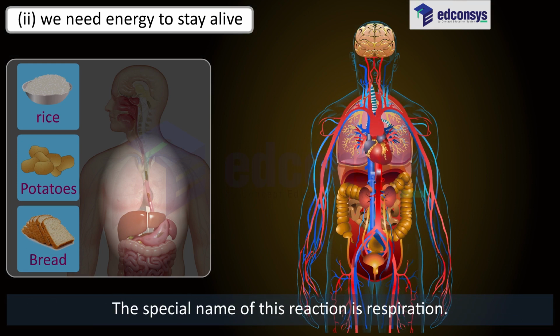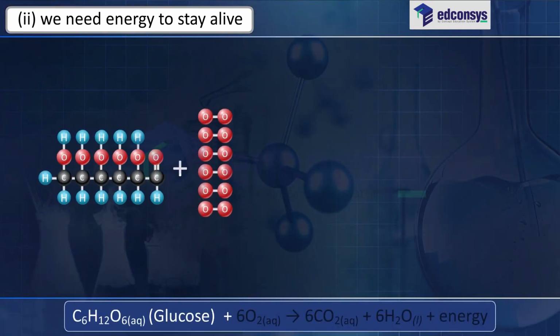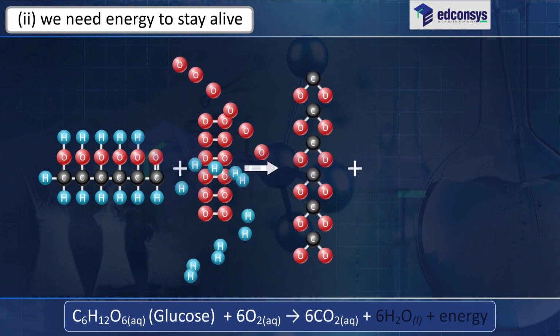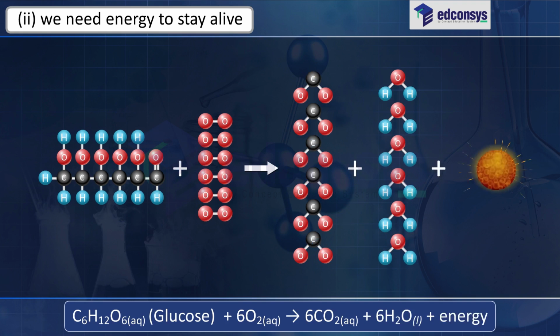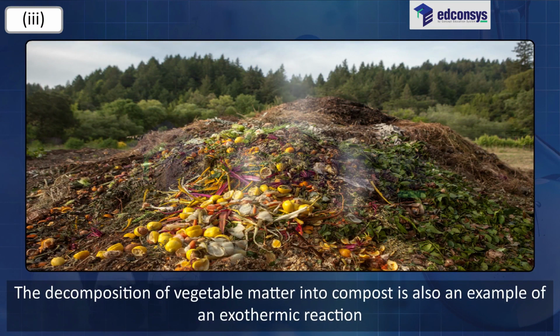The special name of this reaction is respiration. C6H12O6(aq) plus 6O2(aq) gives 6CO2(aq) plus 6H2O(l) plus energy. Third, the decomposition of vegetable matter into compost is also an example of an exothermic reaction.